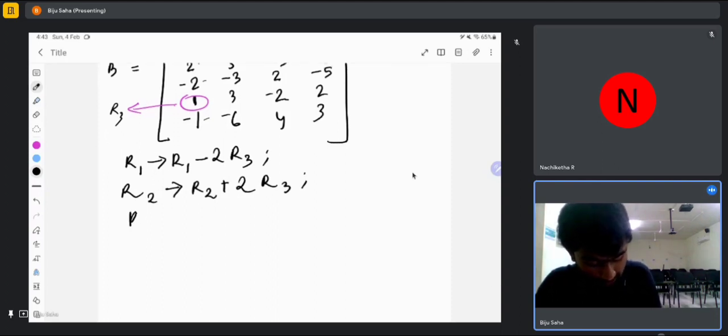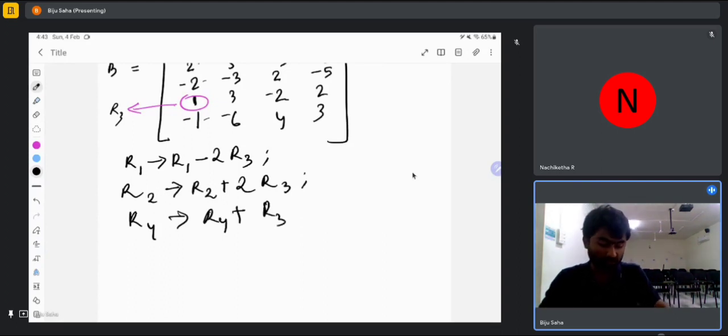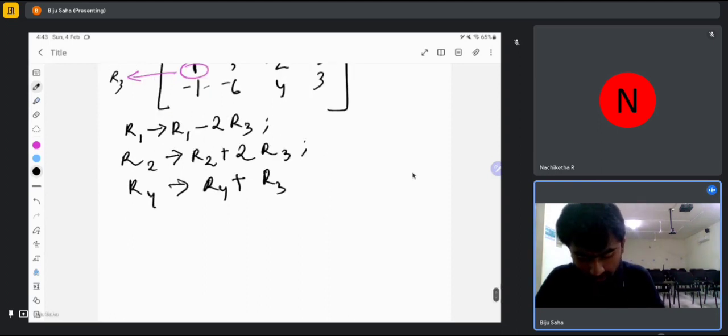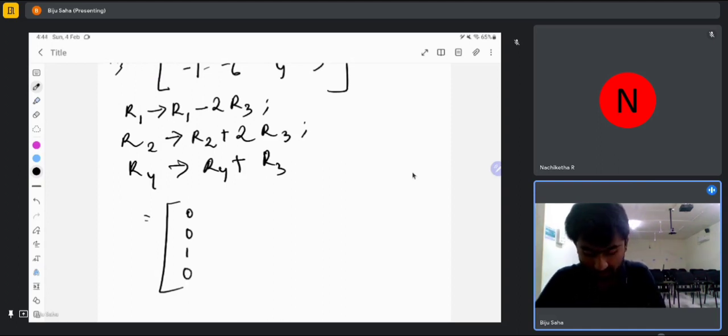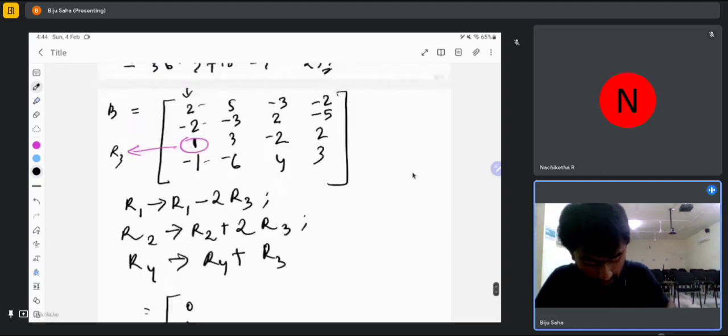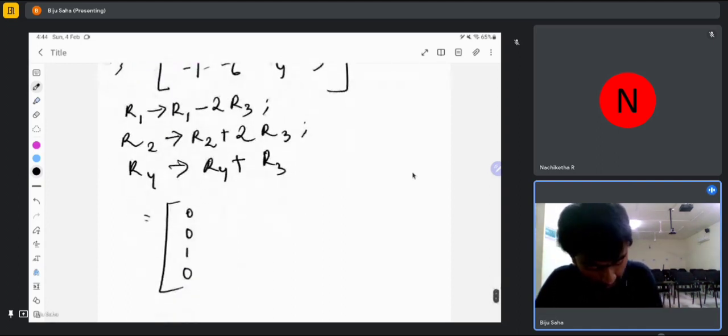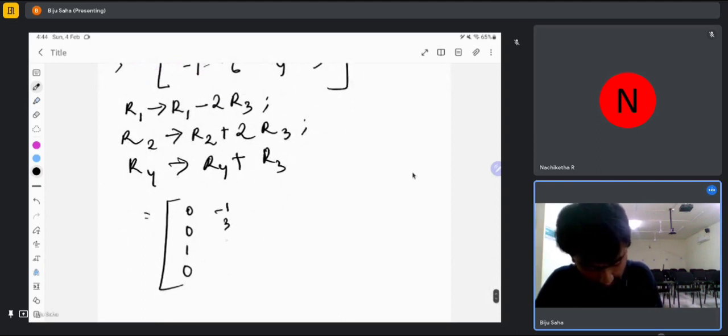And R4 would be transformed as R4 plus R3. After you follow these row operations, all other elements except the third row are 0 in this first column, and with those row operations performed, the other values change as follows.